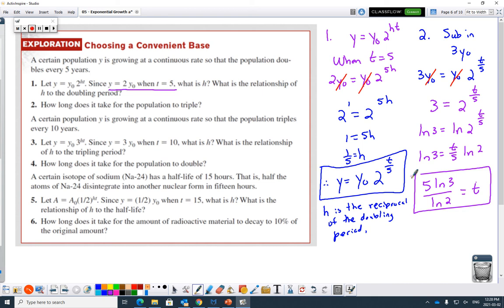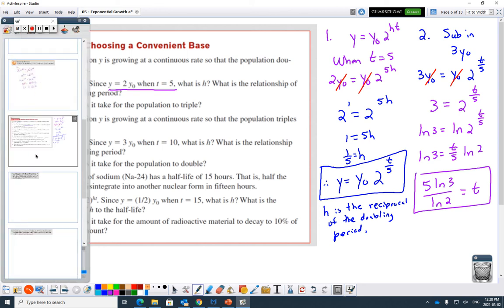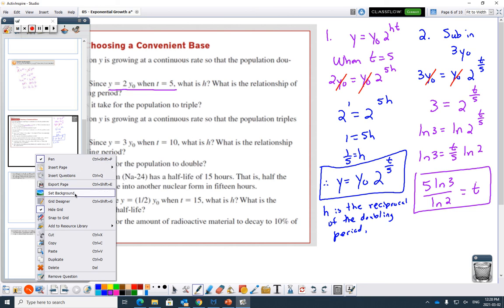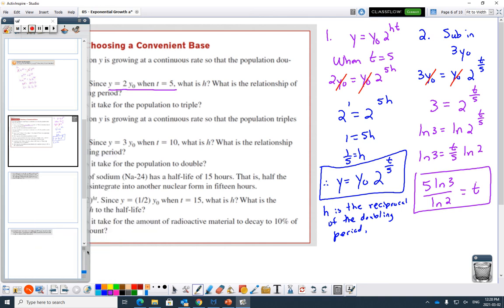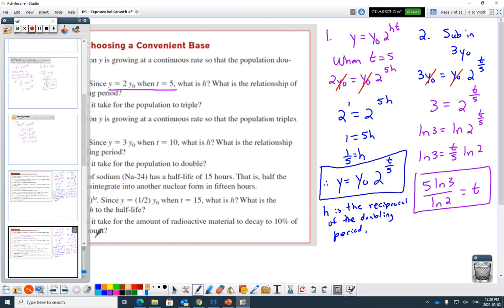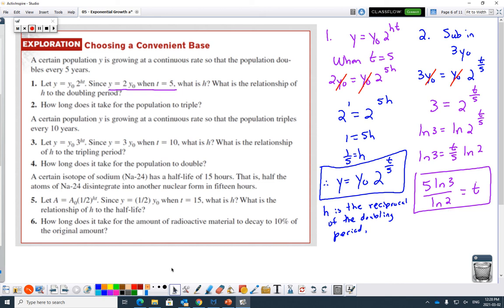I feel like I'm going to run out of space here. Okay, I bought myself an extra page there.